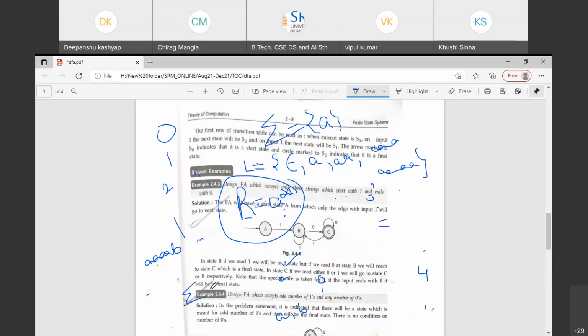Means you have to generate, why is my marker not working. Okay, over the input alphabet 0, 1 means you have to make a regular expression in which every string should end with double zero over the input alphabet 0, 1.